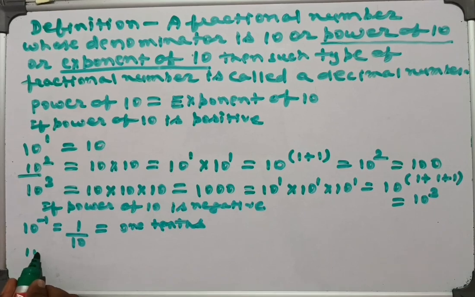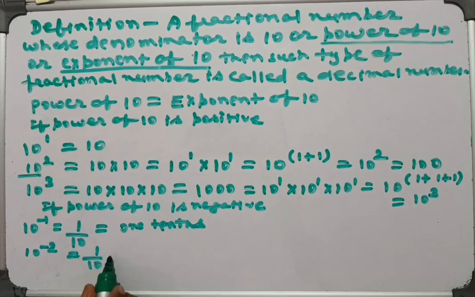Take another example, 10 to the power of minus 2. This is equal to 1 by 10 multiplied by 1 by 10. Why have I multiplied 1 by 10 twice? Because here 2 is given in the power, but before 2 a negative sign is given, so you can say the power of 10 is negative here.